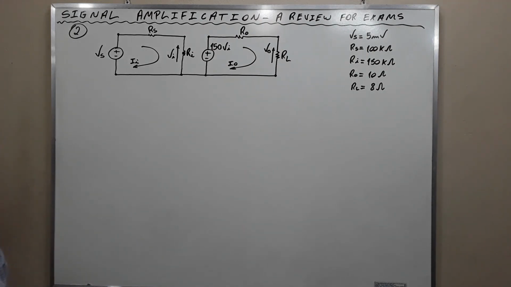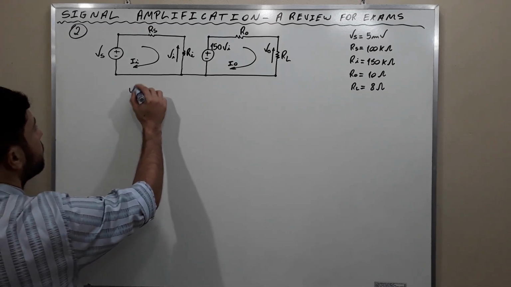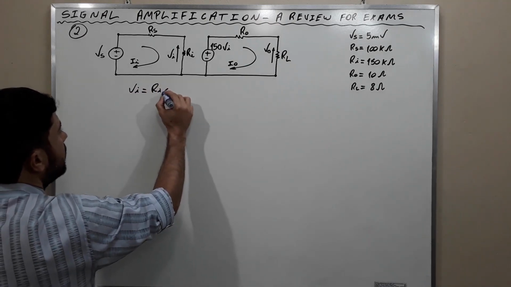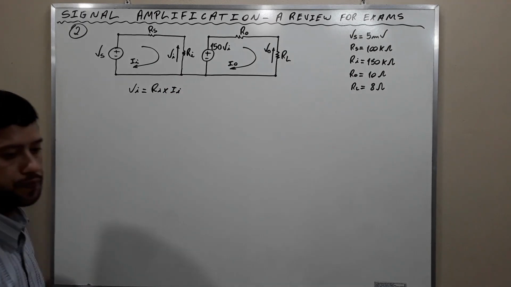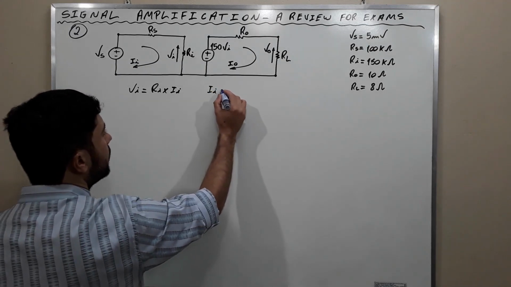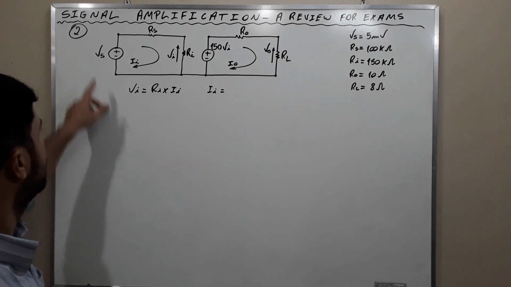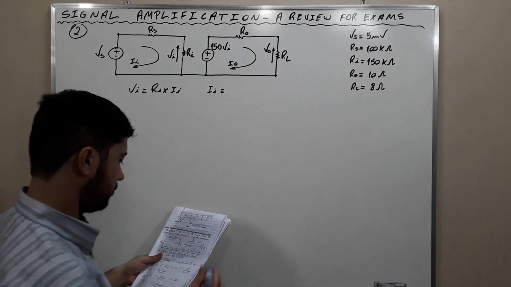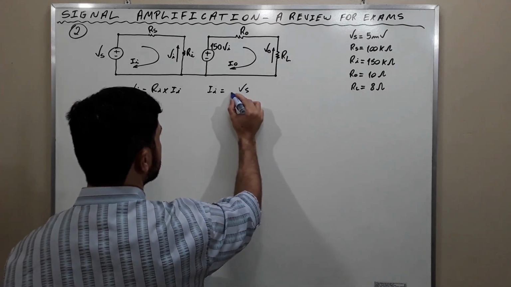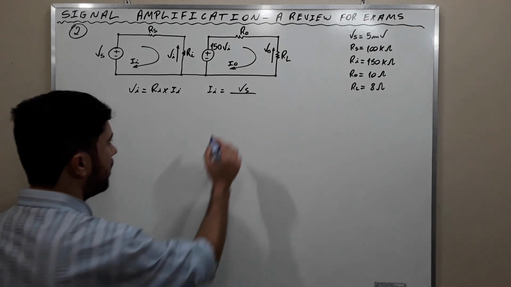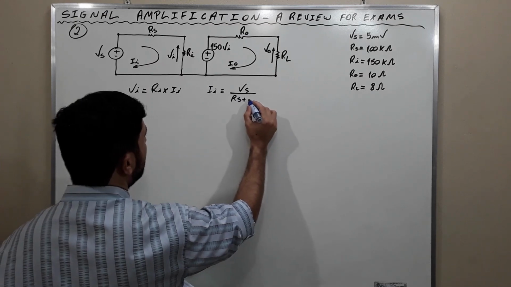Firstly, we're going to calculate the voltage gain. Observe that Vi is equal to Ri times I, where I is equal to the voltage of the power supply divided by the resistances Rs plus Ri.